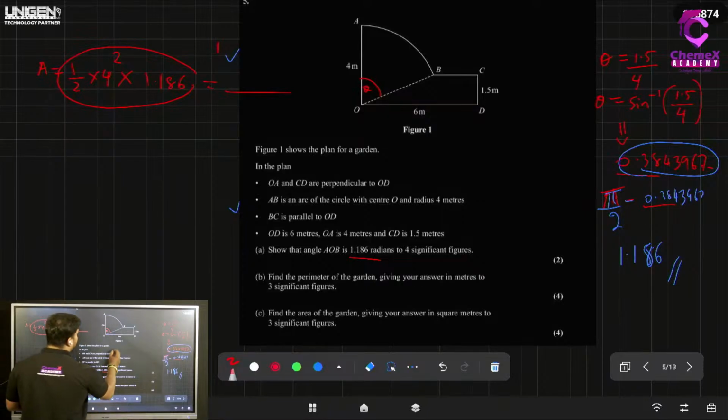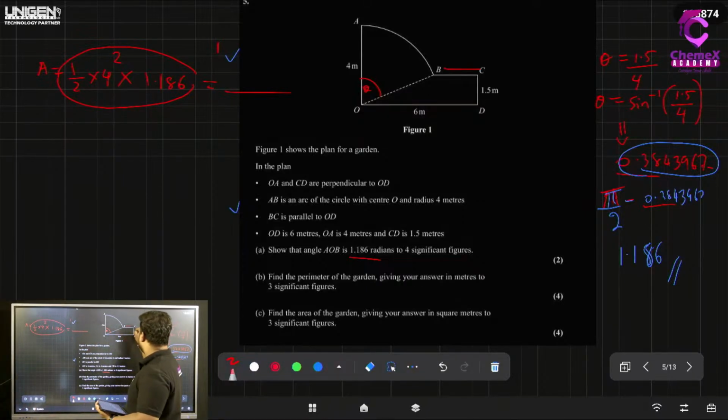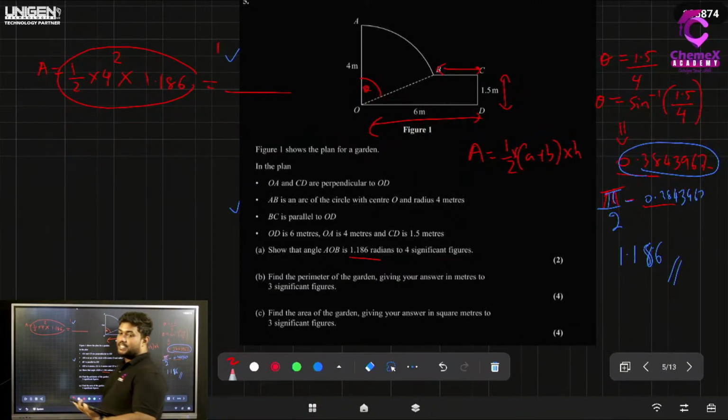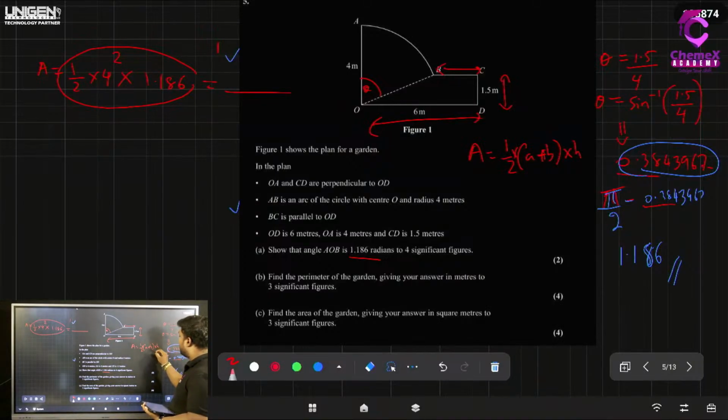Then area of a trapezium. Since we found the BC length, this is 6, this is 2.29. What's the area of the trapezium? Don't say you don't know that. During O levels also we used to do this, right? Area of a trapezium is half into a plus b into height. So what was the BC length we got? 2.29, right?